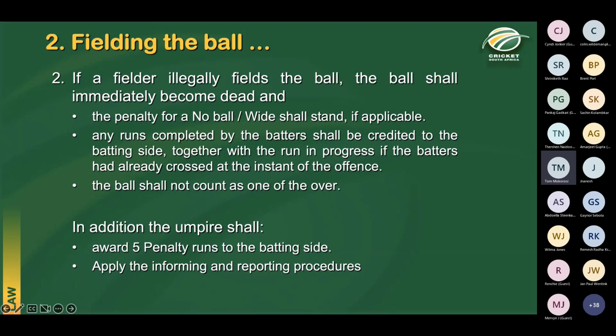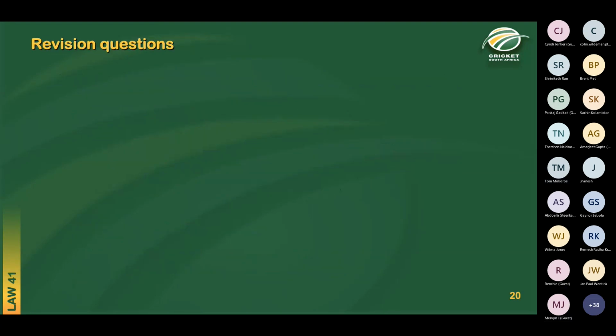Even if it's not mentioned in the question that it was a no ball or a wide, remember what I said last week: we need to mention the law that is relevant to the question as we understand it, and then we apply the law to the question and tell how many runs accrue to the batting side, for example.